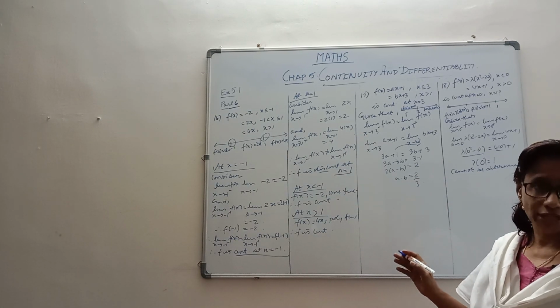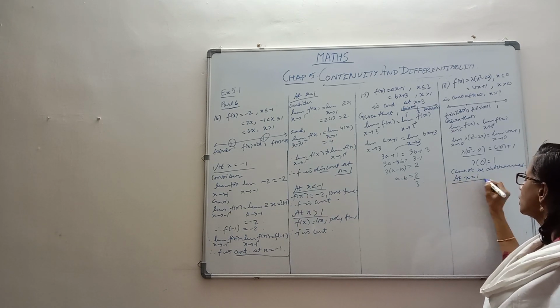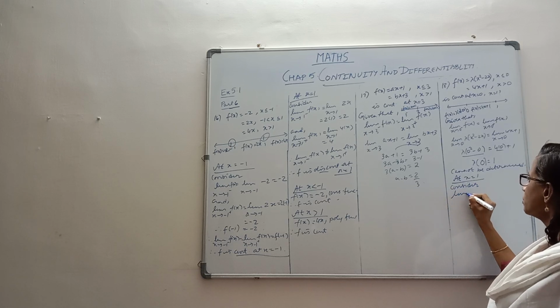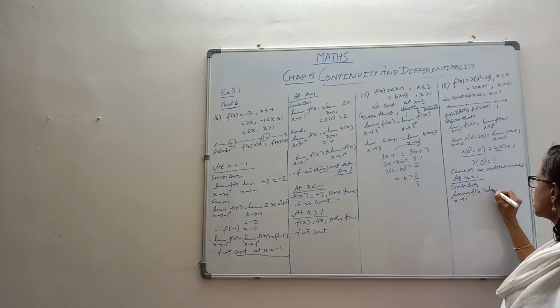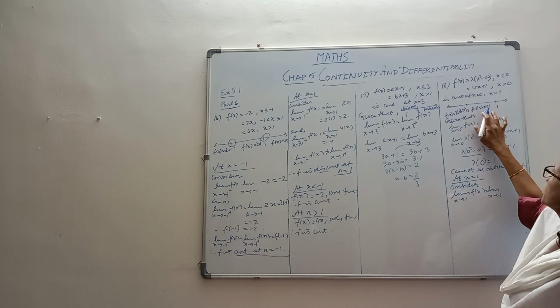Okay, at least they have asked us to check at x equal to 1. Let's do that. At x equal to 1, let's consider the limit at that point. Limit as x tends to 1 of f of x. At this point it is 4x plus 1.